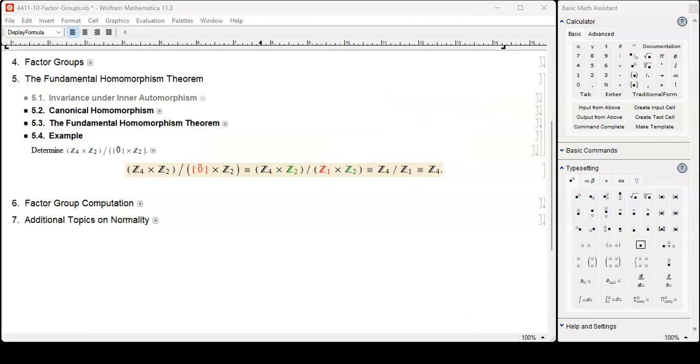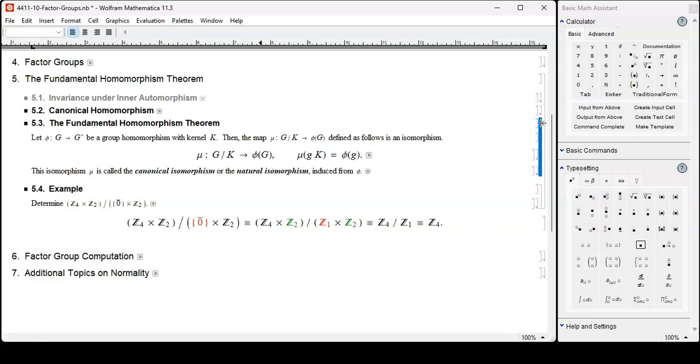Yes, it does, of course, but the problem is, how do you prove it? Well, we're going to prove a little bit more general case in section 6, but for now, let's look at it in terms of 5.3, the fundamental homomorphism theorem.